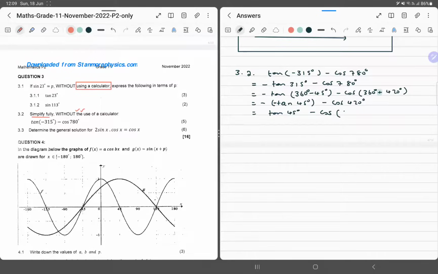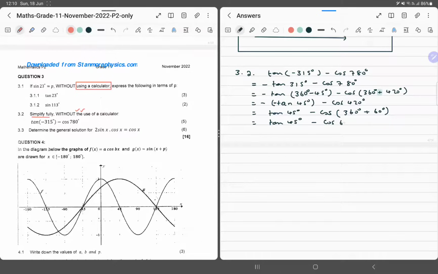So this is the same as 360 degrees plus 60 degrees. Let me check. Sometimes it's easy to convince yourself of a wrong thing. Yeah, it's true. And then again, minus cos of 360 plus, again, we're in the first quadrant. So the theory or principle is correct.